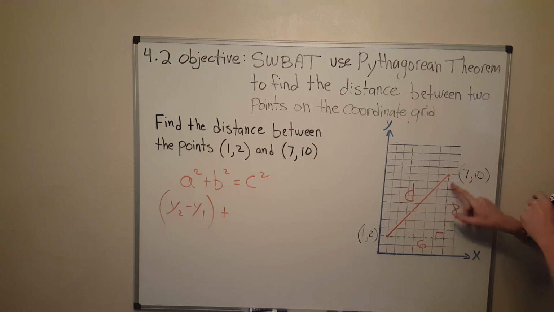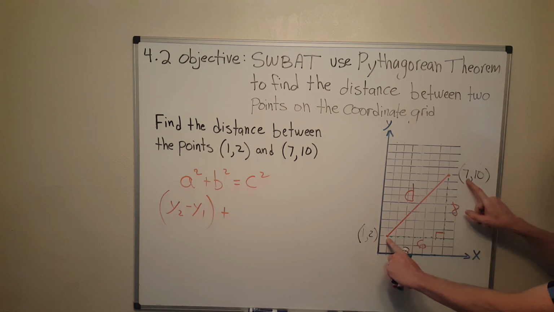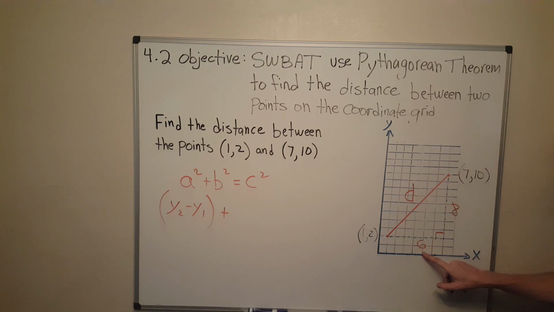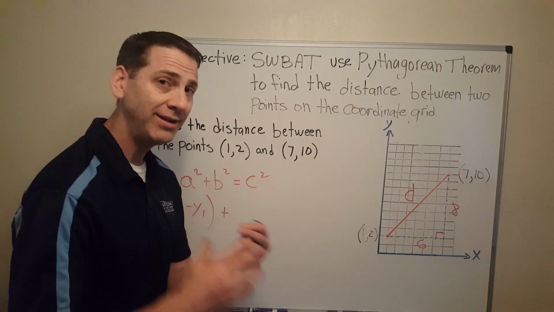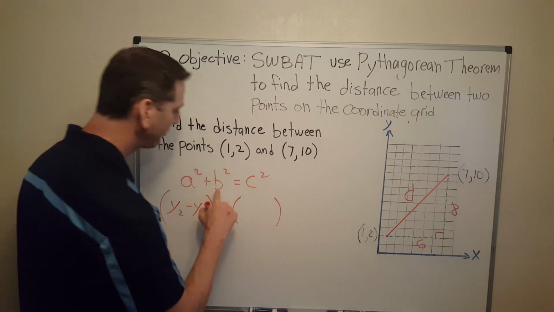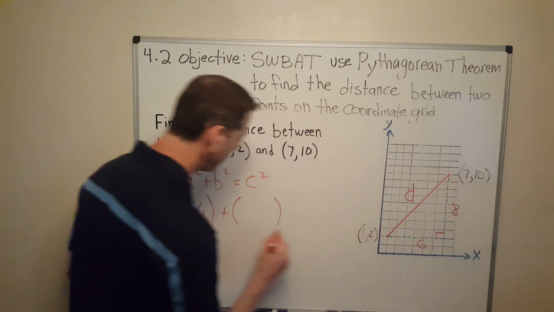The x coordinate for this point is 7, and the x coordinate for this point is 1. 7 minus 1 gives me 6. So you see how subtracting 2 points gives me the distance between 2 points. Let's go ahead and draw that. So b is going to be simply x2 minus x1.